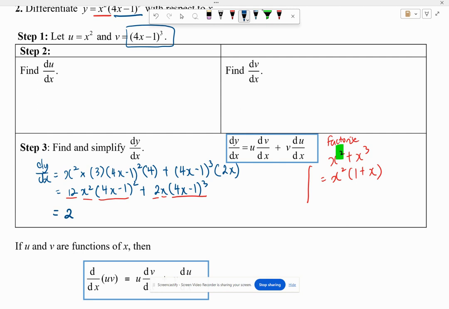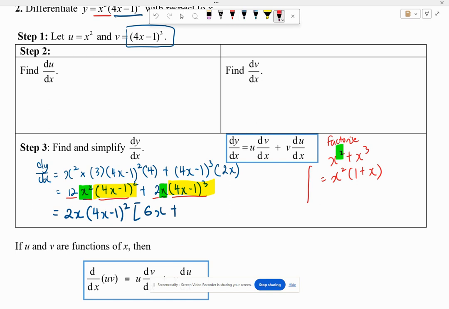Alright, let's take a look at this one. What about x squared and x? So I take out x. And what about 4x minus 1 squared and 4x minus 1 cubed? Take out the 4x minus 1 squared. And then inside over here, I have times 6x plus, so 4x minus 1 squared and 4x minus 1 cubed.